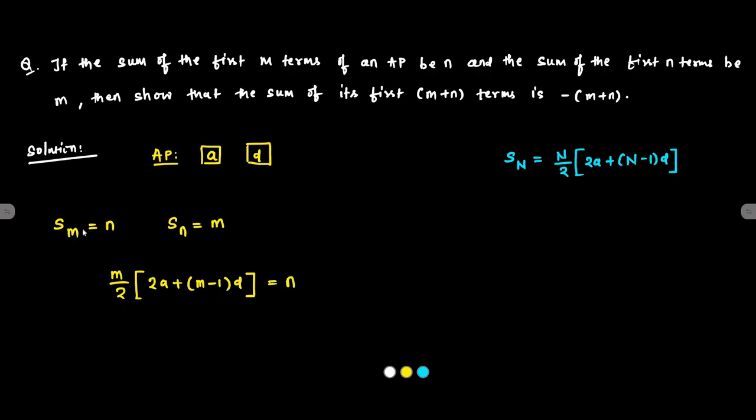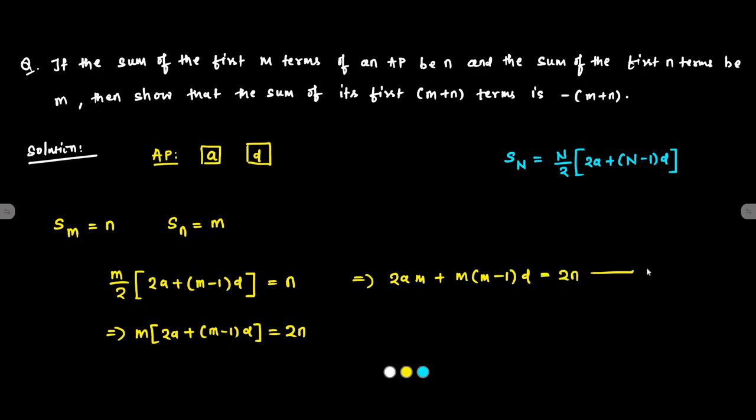Okay, this is for Sm is equal to n, and then we can write it as m into 2a plus m minus 1 into d is equal to 2n, or that implies 2am plus m into m minus 1 into d is equal to 2n. This is, let's say, equation 1.